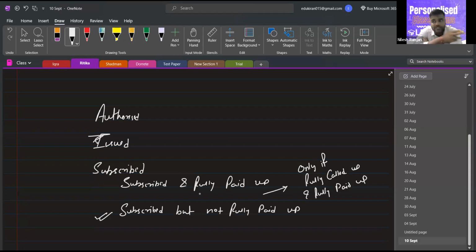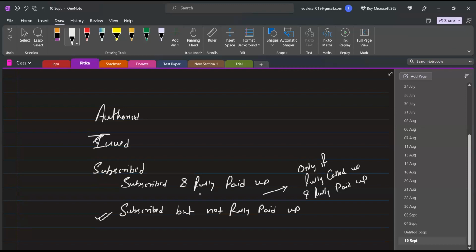Again, the second condition: if you have asked 10 rupees on the share, but shareholders did not pay the full amount, let's say they did not pay 1 rupee and paid 9 rupees, then we will not include those shares in fully paid up either. So shares should be fully called up and fully paid up to be included in the first part.